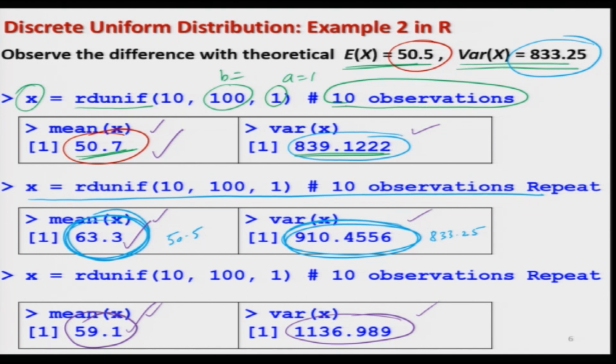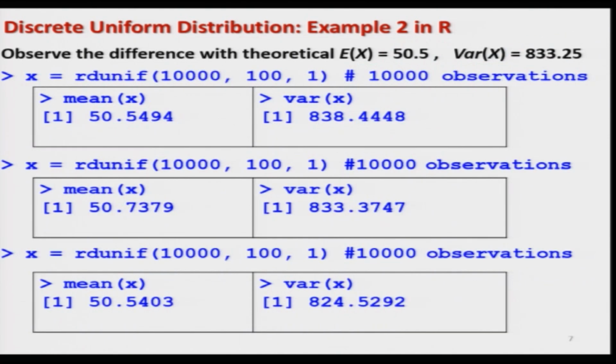So, now what we try to do here is make an experiment and increase the number of observations from the same distribution. Here once again A is equal to 1, B is equal to 100, and now we generate 10,000 observations and find the mean and variance based on them.